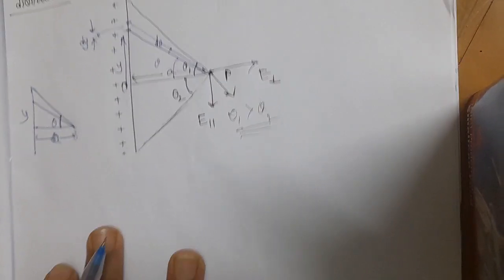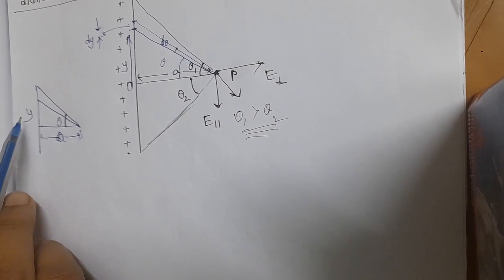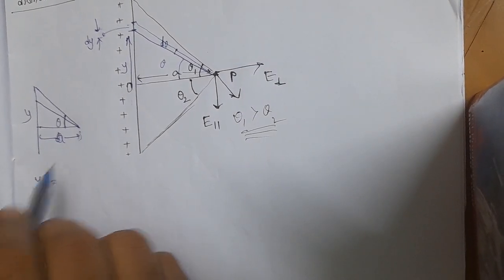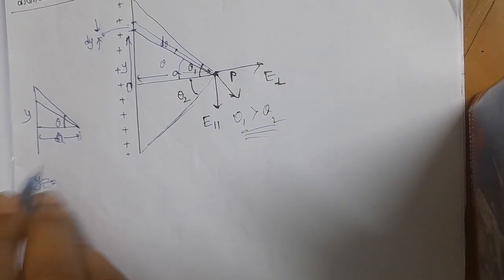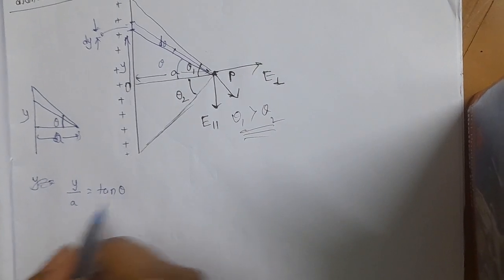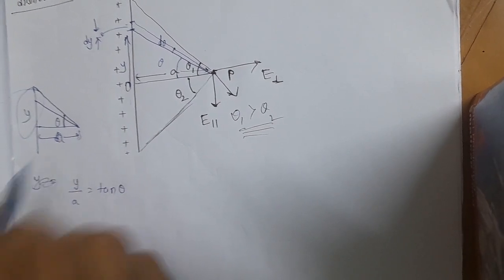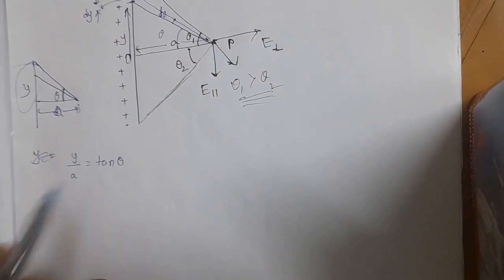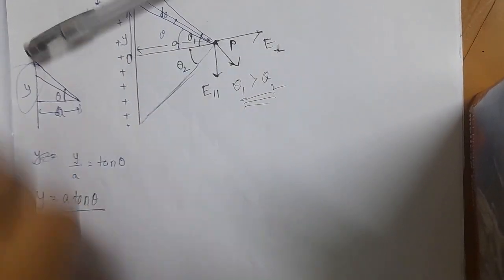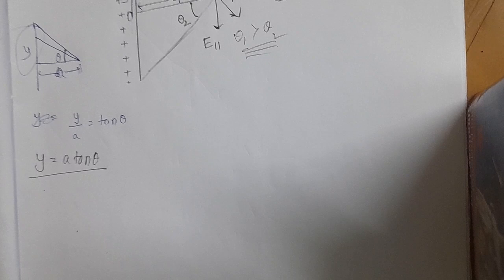So you should directly remember that y can be written as, let's not do the step jump, y by a is equal to tan theta. Whenever you see the perpendicular and you see the angle and its base, it should directly strike your mind that y equals a tan theta. This is another concept, that's why I've used black ink here.